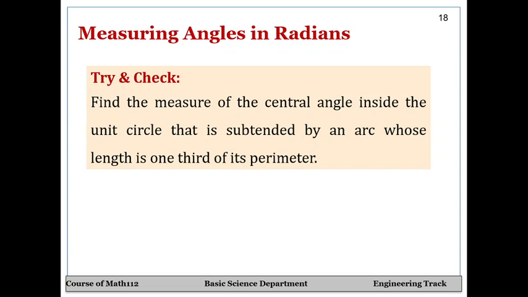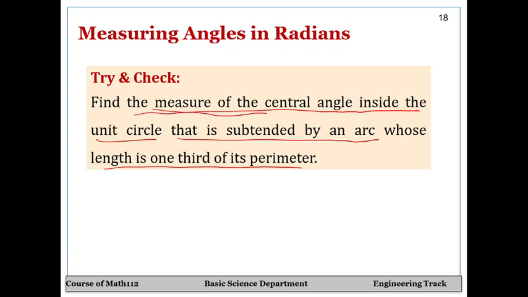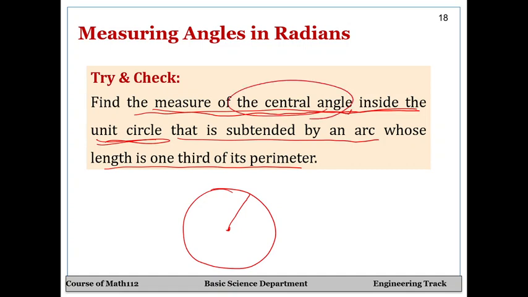Now let's try to do this one. Find the measure of the central angle inside the circle that is subtended by an arc whose length is 1/3 of its perimeter. So let's try to understand this. Find the measure of the central angle inside the unit circle. The unit circle is this one. And now there's a central angle. Central angle means located at the center.